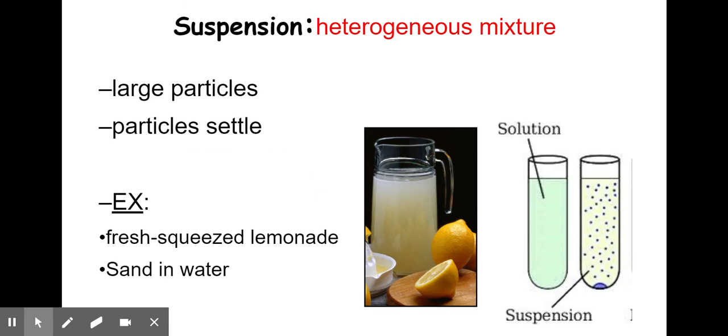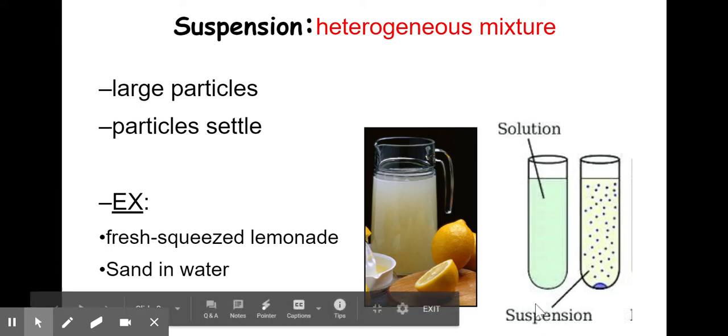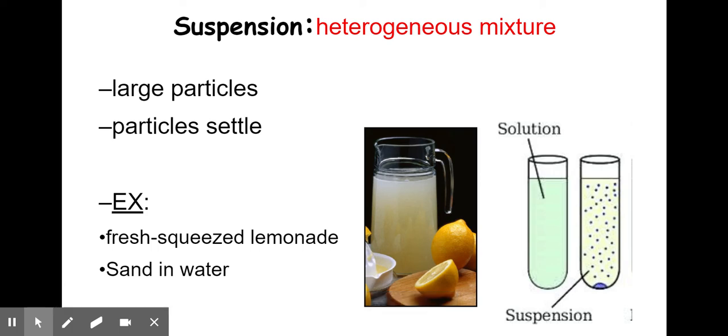A very typical heterogeneous mixture is called a suspension. A very good example of a suspension is lemonade or orange juice we buy from the store. If we put sand in water, eventually the sand will settle down. Those large particles will settle down. We call this a suspension.